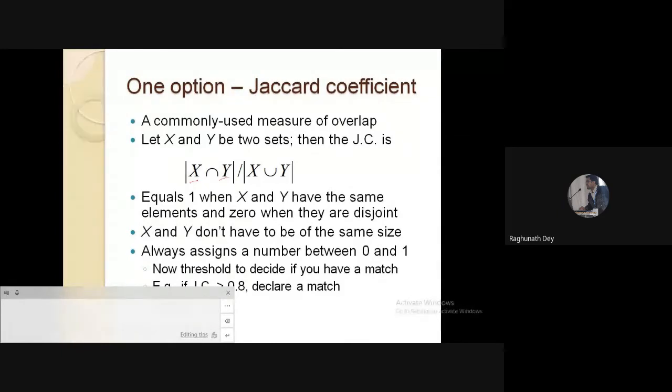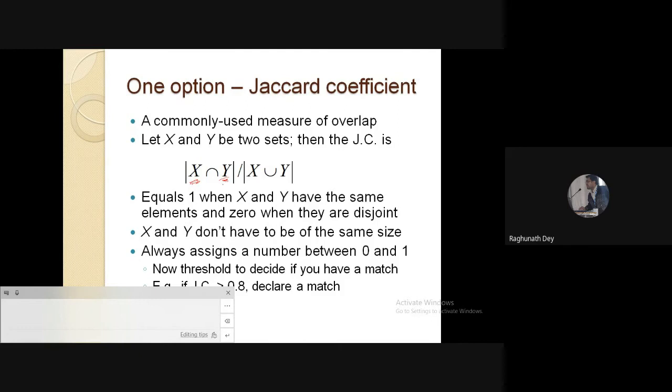I have taken trigrams, or you can take any size of n. So the number of trigrams of the first string and the number of trigrams of the second string, or the number of n-grams of the first string and of the second string.